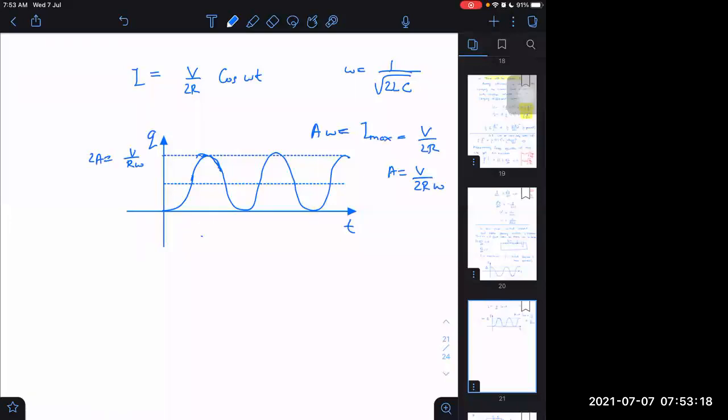And omega we already know, so we can write in that form also. We can say Q is equal to A into 1 minus cos omega t, right or not? And that is equal to V by 2R omega into 1 minus cos omega t, where omega is equal to 1 by root of 2LC.